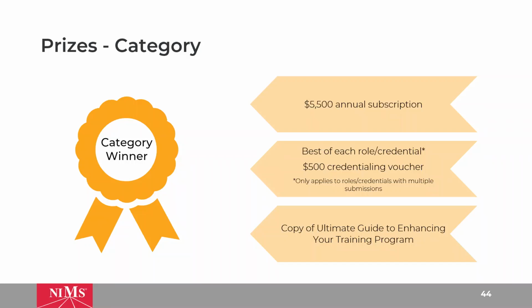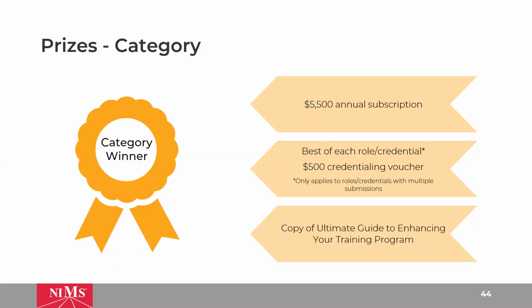And then I anticipate, based on a lot of you filling out the interest form, and I appreciate that, thank you, that helped us gauge what to expect. It looks like we can expect several submissions for some of our more popular roles, like CNC milling operator or the manual milling specialist.